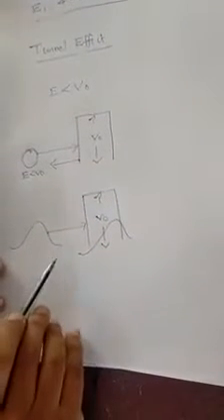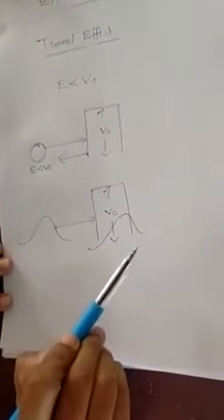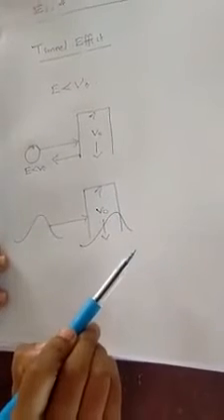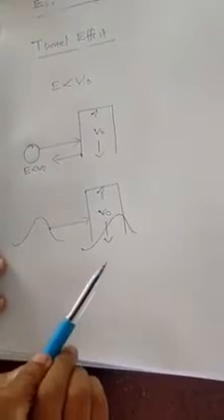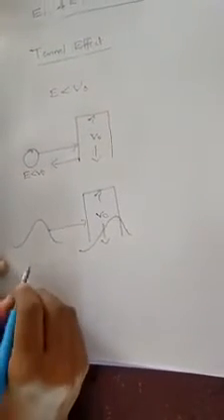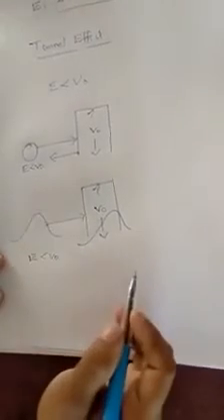This is the quantum mechanical picture. In quantum mechanics, the wave function representing the particle does not vanish on the other side of the barrier. That is, there is a finite probability of the particle to penetrate through the barrier even when E less than V0. This is called the tunnel effect.